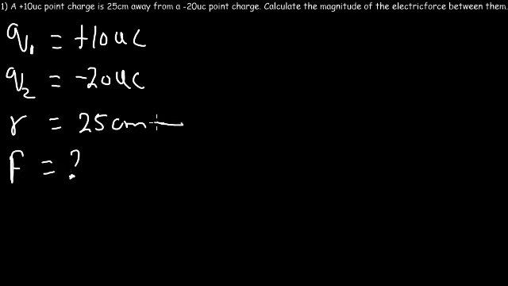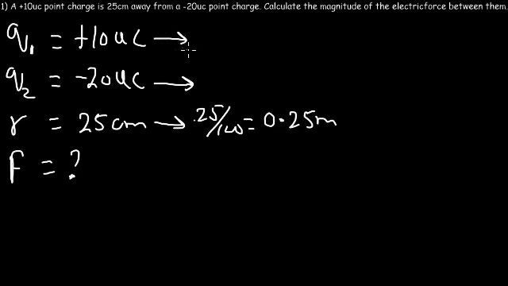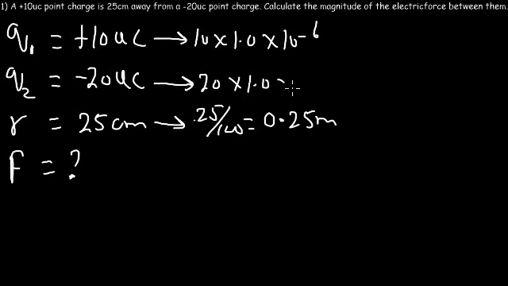Now we need to convert the distance to meters. That's 25 divided by 100, which is 0.25 meter. All the charges given to us are in microcoulombs, so we need to convert them to coulombs. That's 10 times 1.0 times 10 to the power negative 6, and for the second one, 20 times 1.0 times 10 to the power negative 6.